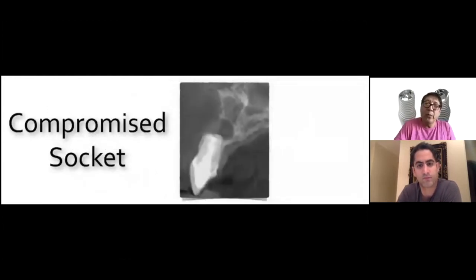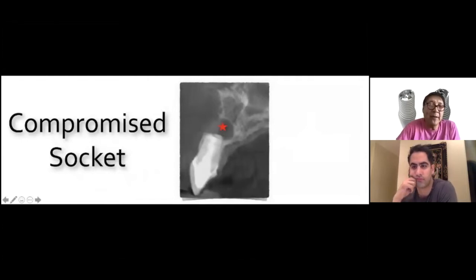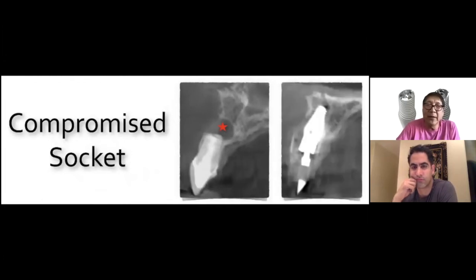And I would say to those naysayers, well, why can't I use a narrow diameter implant? And I would say to them again, well, how about this compromised socket that's blown out? Do you really think that you can place a long skinny implant in this area to get good primary stability? I would really question that.